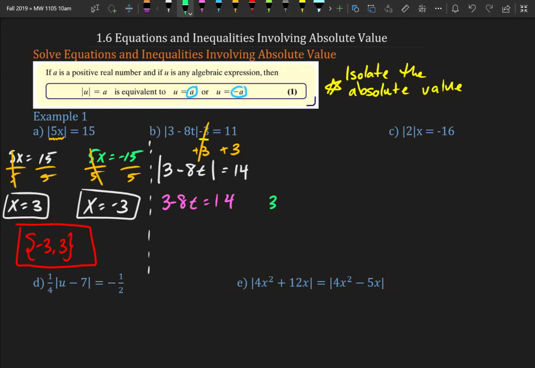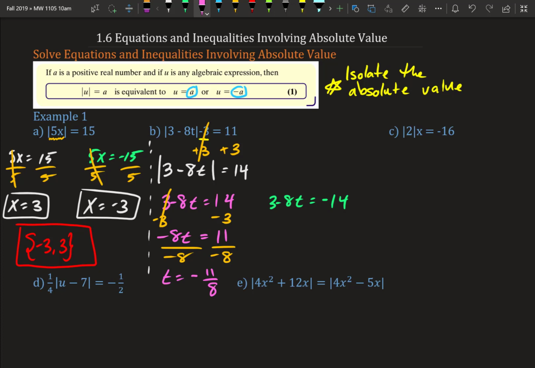So we'll have 3 minus 8t equals negative 14. And from there, we're just going to solve for our variable, which in this case is t. So we're going to subtract 3 from both sides. And when we do, we're left with negative 8t equals 14 minus 3, which is 11. We're going to divide by negative 8. And we are left with t equals negative 11 over 8.